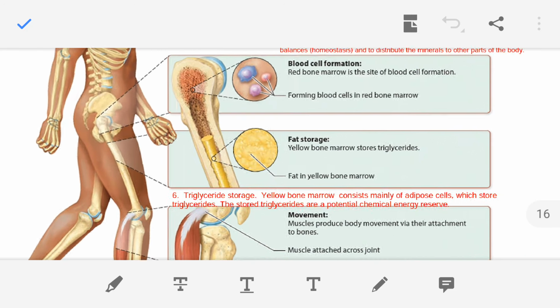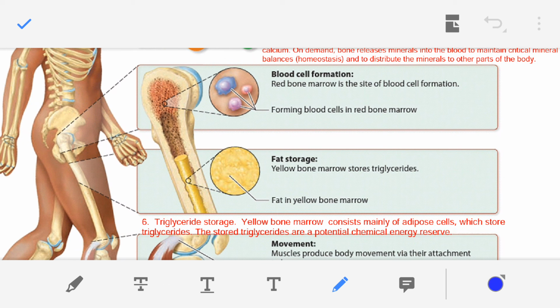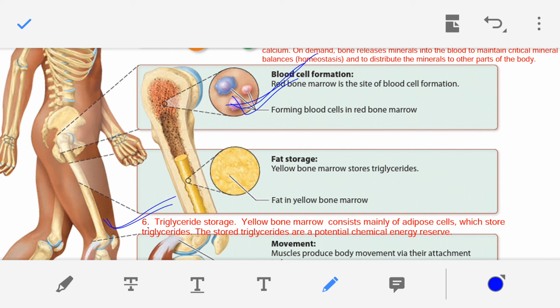Now the sixth point, triglyceride storage. Now what is yellow bone marrow? Yellow bone marrow consists mainly of adipose tissue.